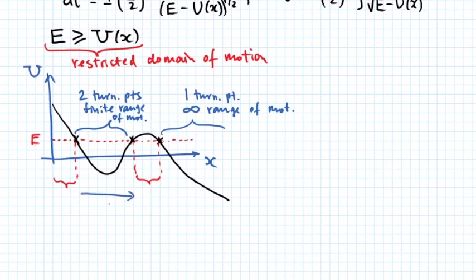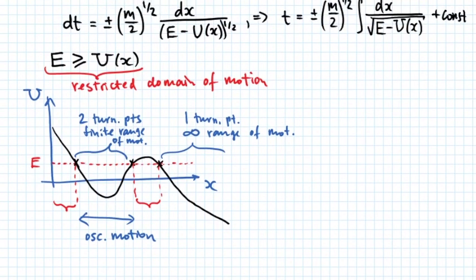This motion here, between two turning points, represents oscillatory motion. The period of oscillations for oscillatory motion we have already found.